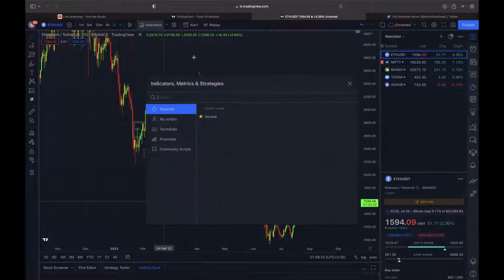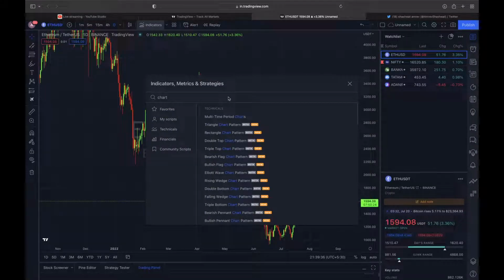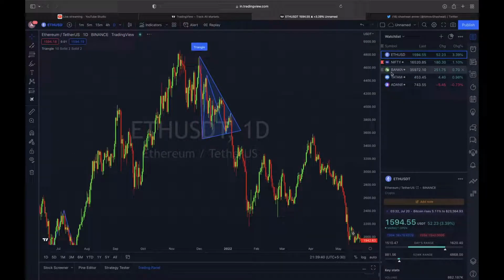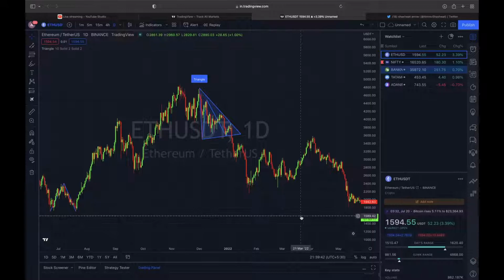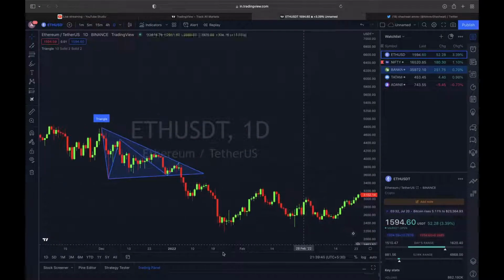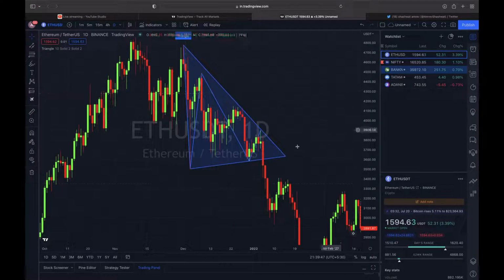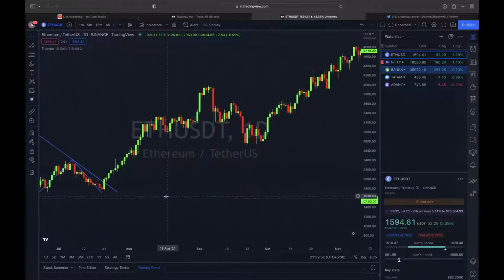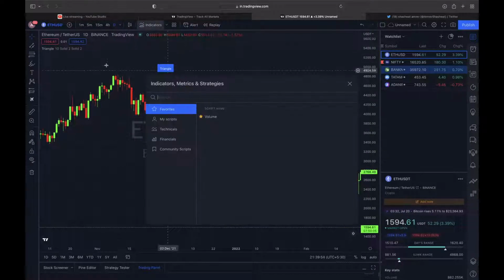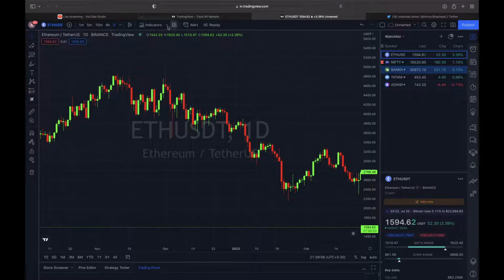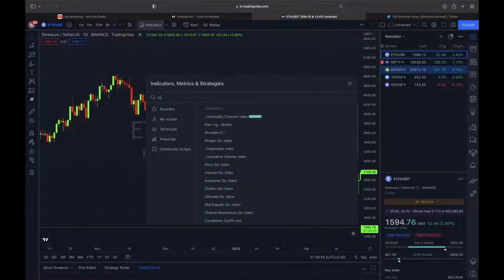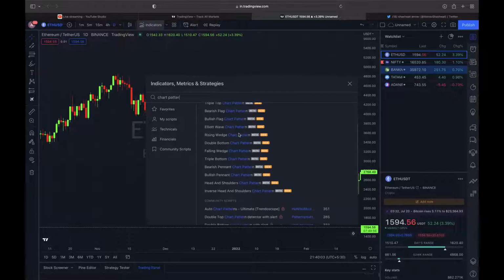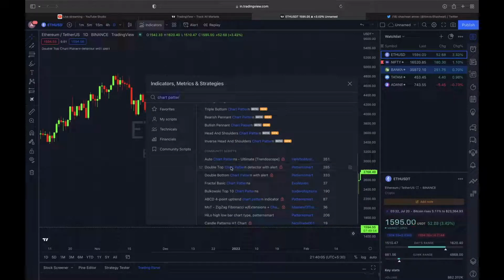I have never used one, to be very frank. But let's look for chart patterns. Okay, triangle chart pattern. See, there's one. For triangle, it is showing all the triangles. But I've never used any indicator for all the chart patterns, so you have to go one by one. That's the option. You have to do your research, guys. Complete auto chart patterns.